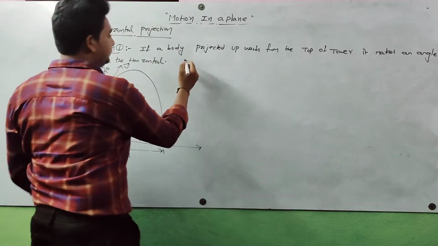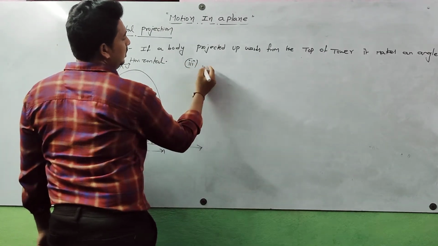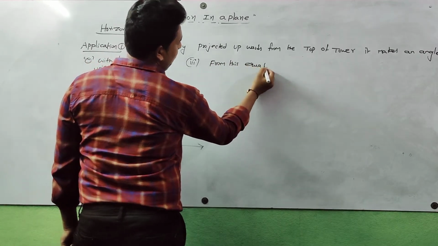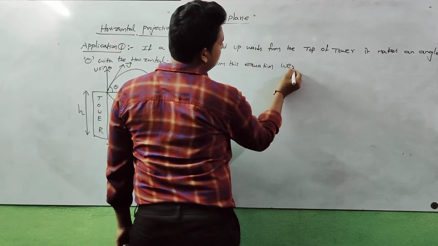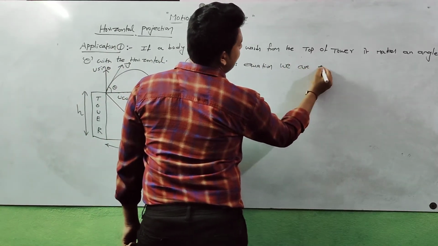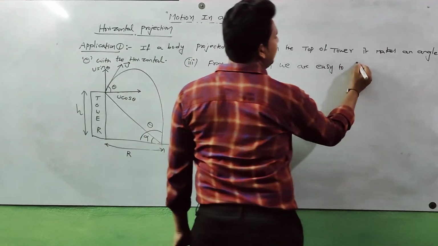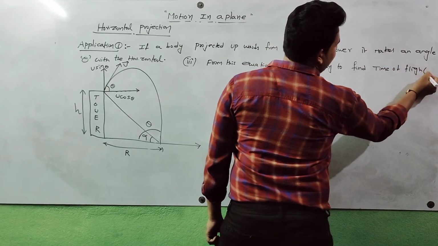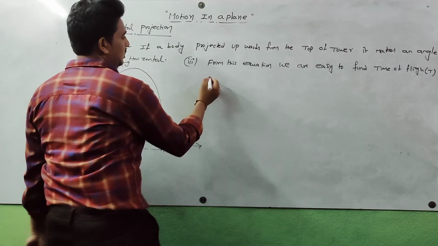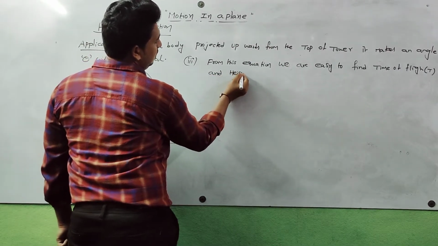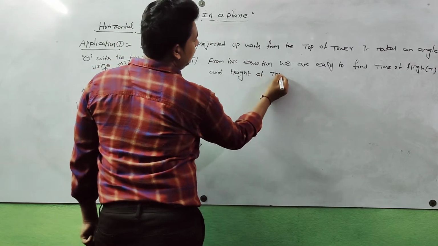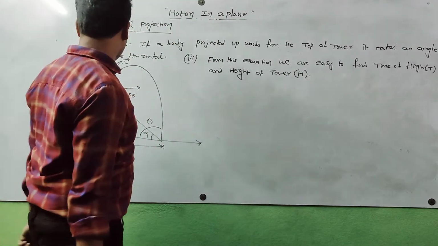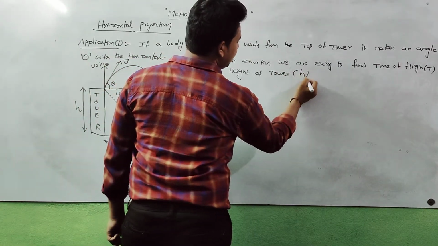From this equation, it is easy to find time of flight t and height of tower h.